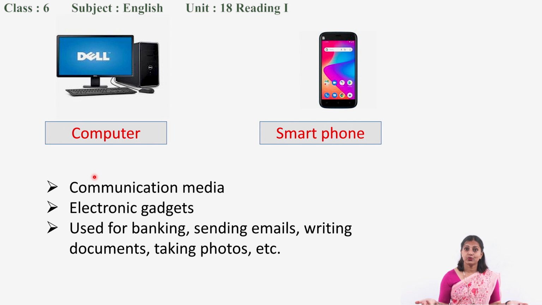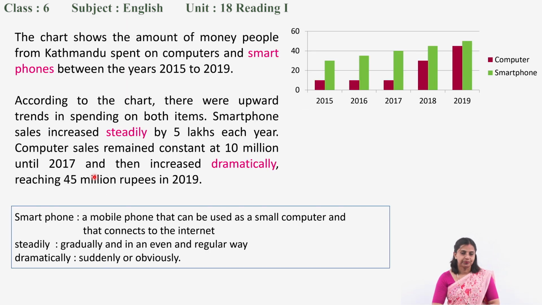And there are various uses also. You might have seen them being used in hospitals, schools, banks, even at the train station, bus station. So you can imagine how important they are. Okay, now let's begin the text.